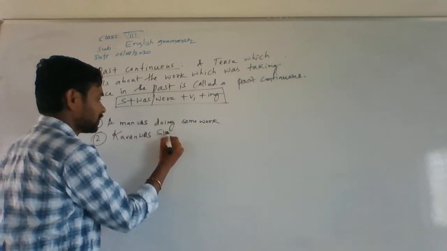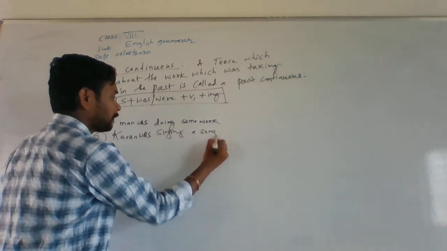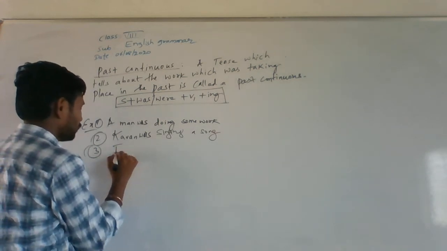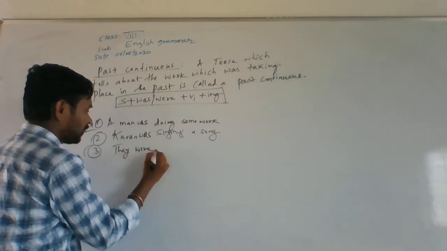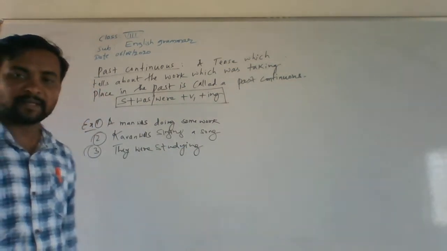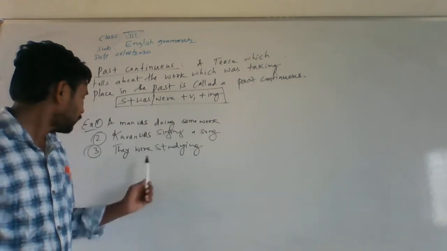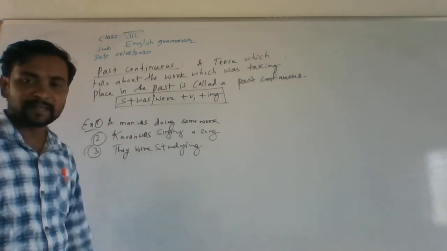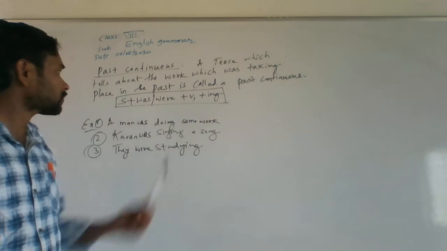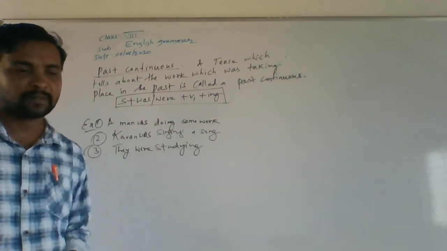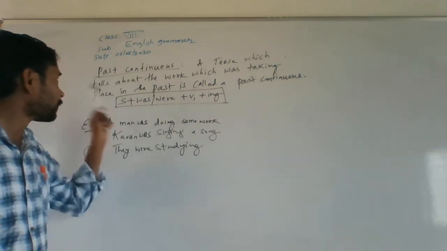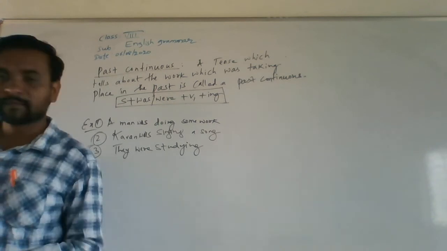Ona was singing a song. Then, they were studying. So, these are examples of past continuous. Yes. Write down the definition and example. Let us know how to make negative and interrogative in the past continuous. Okay. Write down fast.